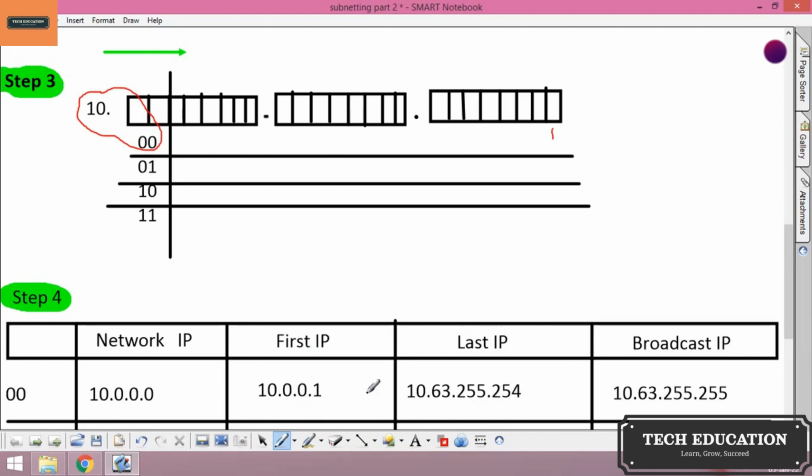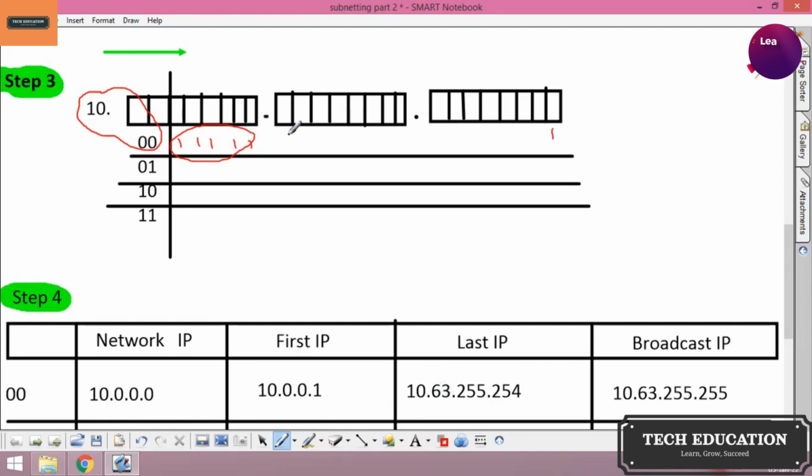And how do we write the last IP address? Don't disturb the network portion. I write 10.63. The 63 means all host portions apply 1: 1 plus 2 plus 4 plus 8 plus 16 plus 32, which totals 63.